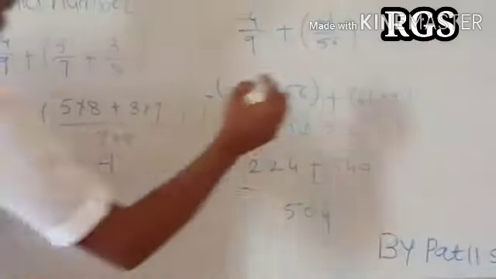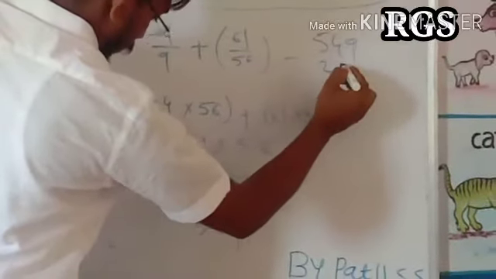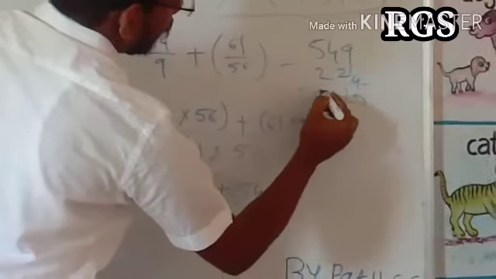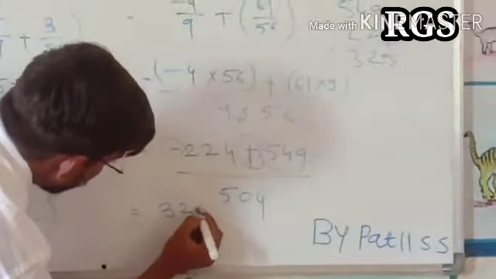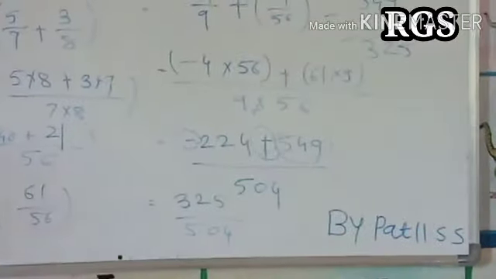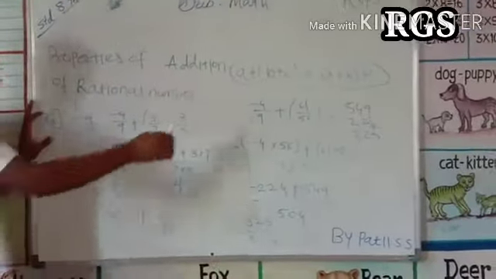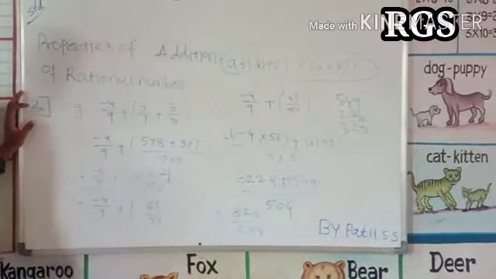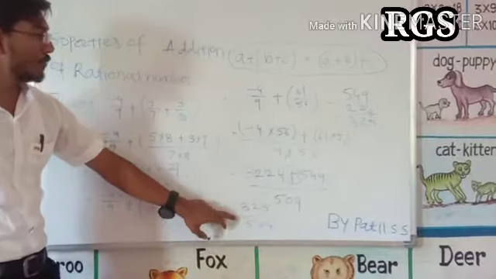Now 549 minus 224, what will we get? 325 divided by 504. When we solve the given equation in this form, that is a plus in bracket b plus c, we get the solution is 325 divided by 504.